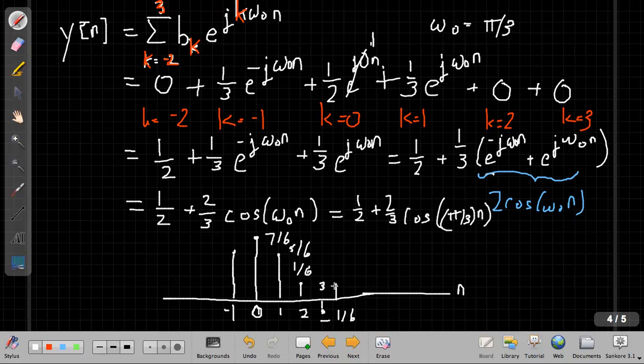And after that, I start getting the repetition from the periodicity. So it'll be back all the way up to height of 7/6 over here when n equals 6. And the same thing going the other way. I'll have minus 1/6 here at minus 3, and then bouncing back up, and so on periodically.